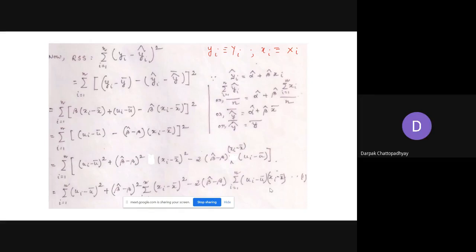Ma'am, I was saying that in the third line, ui minus u bar is coming, this one. You know, what is the value of y bar? Alpha plus beta x bar. Why? U bar will not be there. I'm not talking about the estimated part.